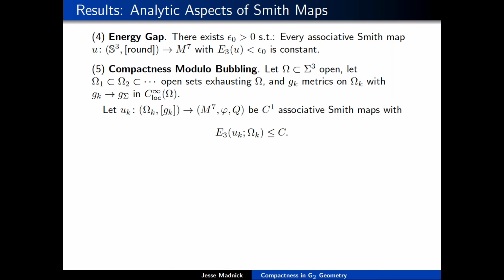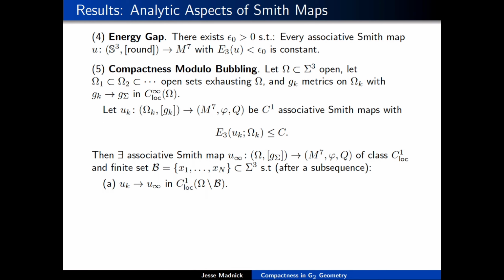We also get really the direct analog of the compactness mod bubbling theorem from before. If you have a sequence of C^1 associative Smith maps with uniformly bounded 3-energy, then after passing to a subsequence, there is a limiting associative Smith map such that your sequence converges to it in C^1_loc off of a finite set.